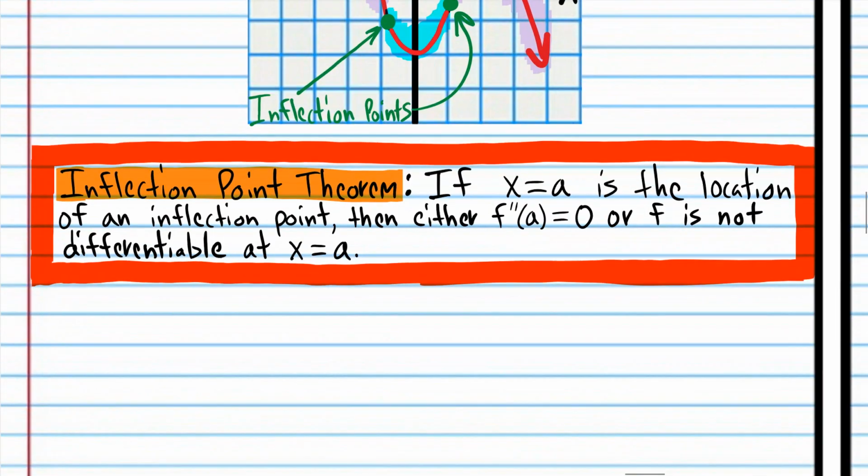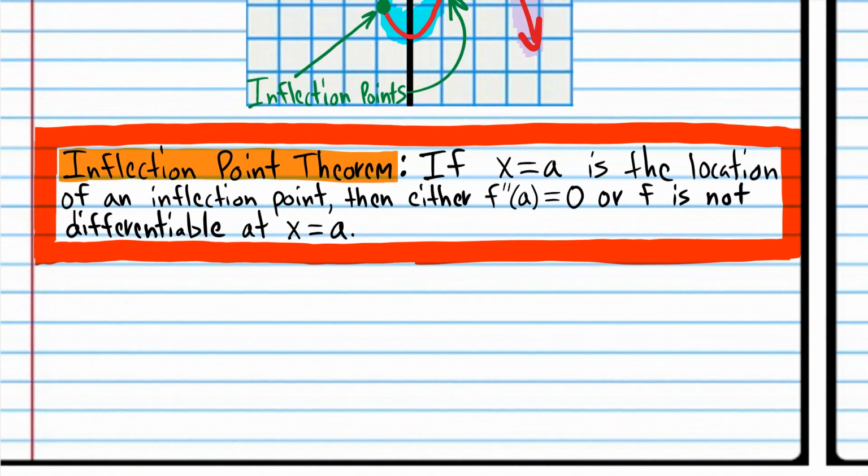And we have a theorem that is the second derivative version of Fermat's theorem. Remember, Fermat's theorem tells us that if you have a maximum value or a minimum value, then the derivative at that location is going to be either 0 or it's not going to exist. That's the first derivative version of this.